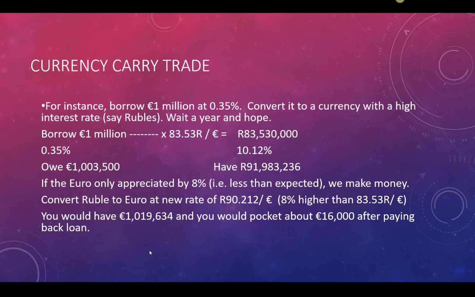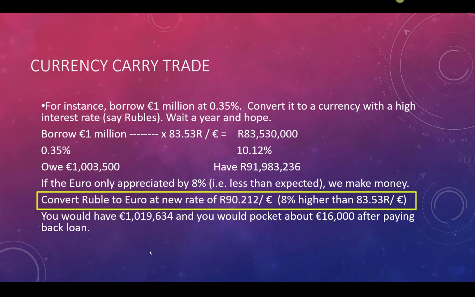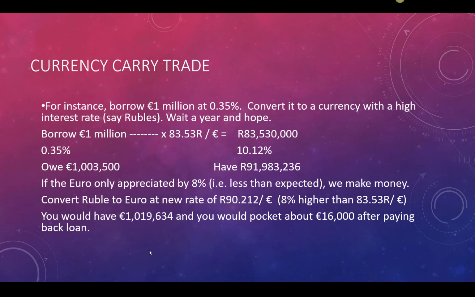So let's just see how that would work. We're going to convert the rubles back to euros at the new rate of 90.212. That's 8% more than the 83.53 rubles per euro up here. And we will then have 1,019,000 euros if we convert the 91 million rubles back to euros at that new exchange rate that only appreciated by 8%.